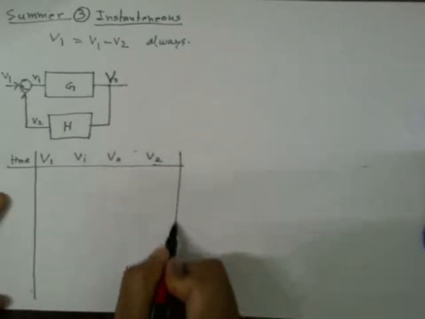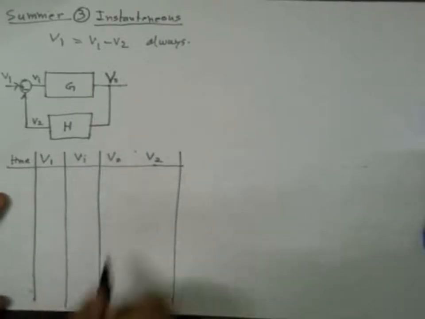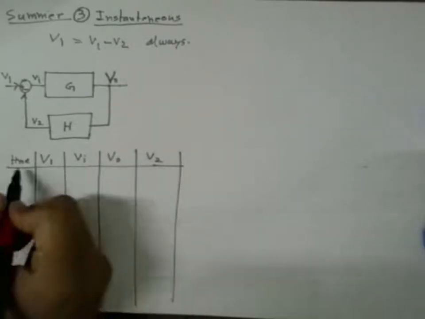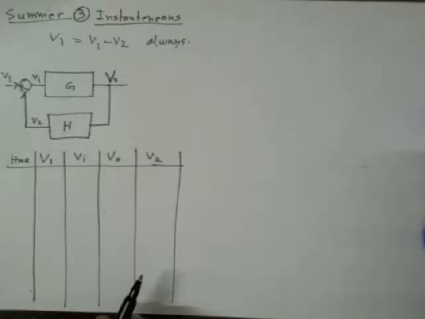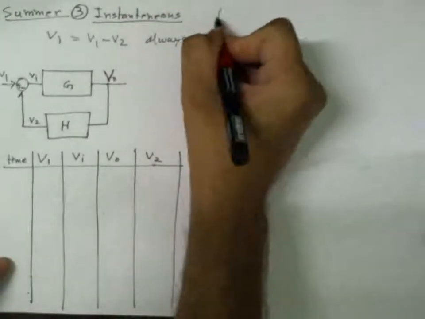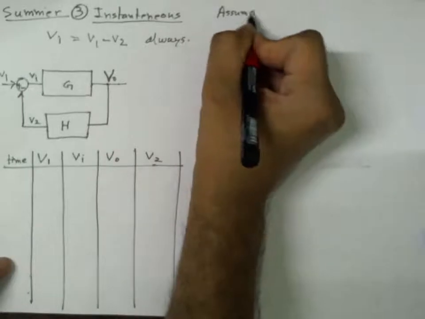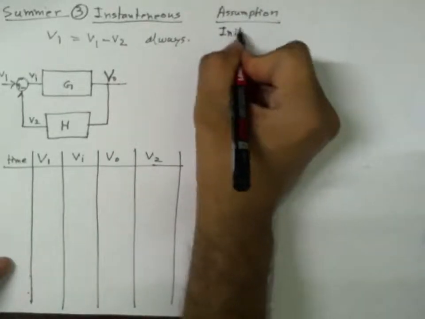Time will change from here to here, and these values of V1, Vi, they will change from top to bottom. But before we start, I have to make one more assumption. This is about the initial condition.